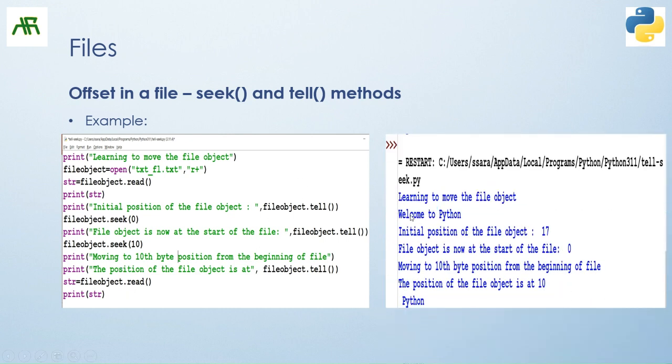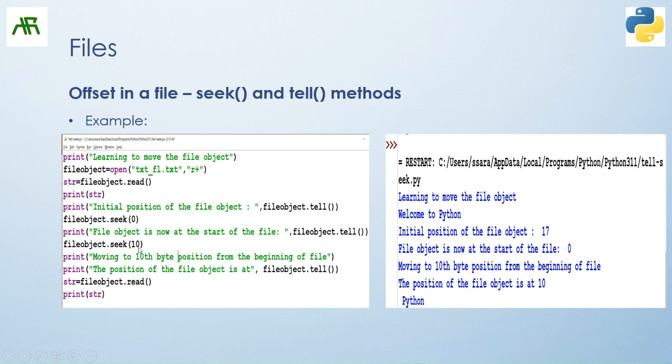First time, the initial position of the file object is 17, and since I was using the seek function with offset of 0, the file object is now at the start of the file as 0. The tell gives me the current position, which is 0, and then moving to the 10th byte position from the beginning of the file. That's a message I'm printing, so it's going to print anyway.